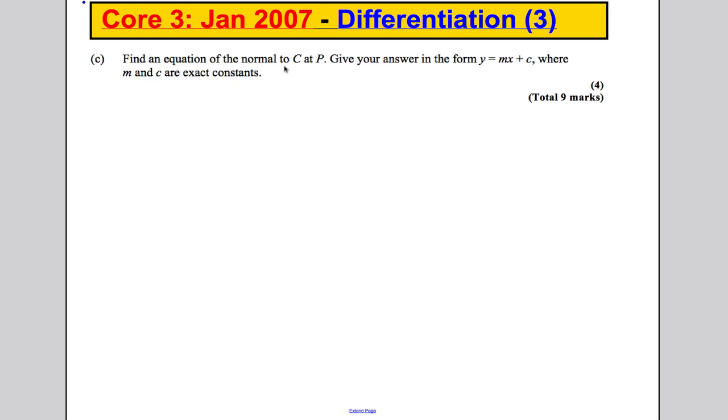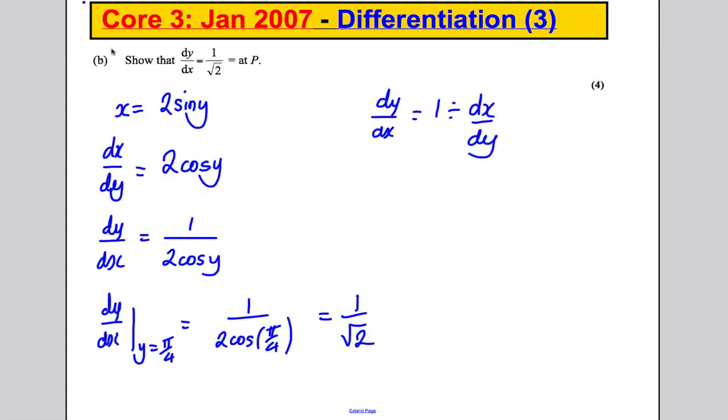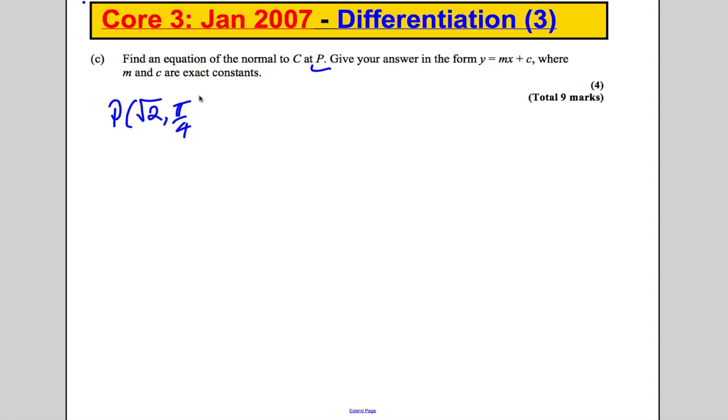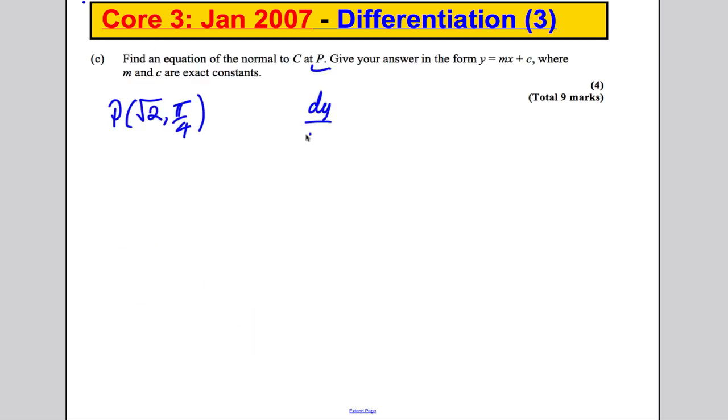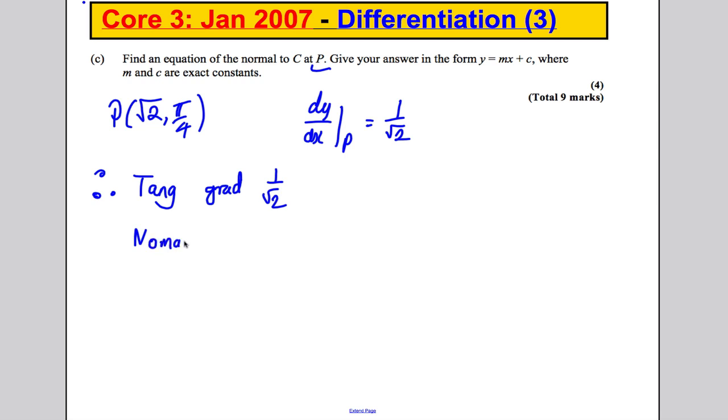Next part, find an equation of the normal to C at P. Remember P is root 2, pi by 4, in the form y equals mx plus c. Now, from part B, we have shown that dy by dx at the point P is 1 over root 2. So we have a pair of coordinates on the line, and we have what dy by dx is. Therefore, the tangent has gradient 1 over root 2, but the normal must have gradient its negative reciprocal, which is negative root 2.